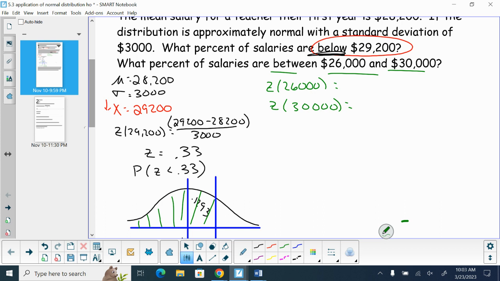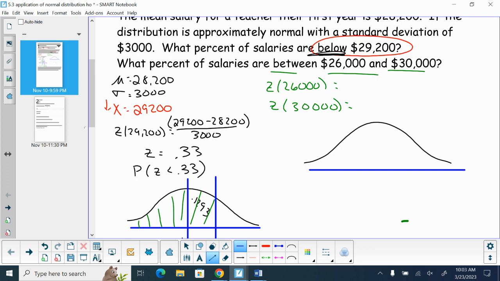Calculate those two Z values and check your answer with somebody around you for both. Draw your bell-shaped curve, get the Z values written down on the bell-shaped curve, and calculate the percent of values, or the area, in between those two Z values.